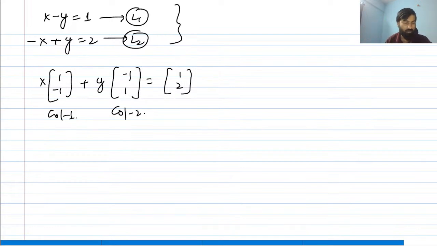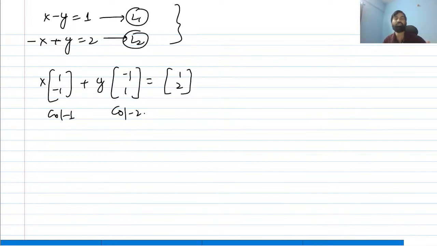Yes, in the comment box please write. Subham, Vikas, Diti, Priya, tell me how these two column vectors differ. See, one is (1, minus 1) and the second is (minus 1, 1), so you are multiplying by a scalar constant.